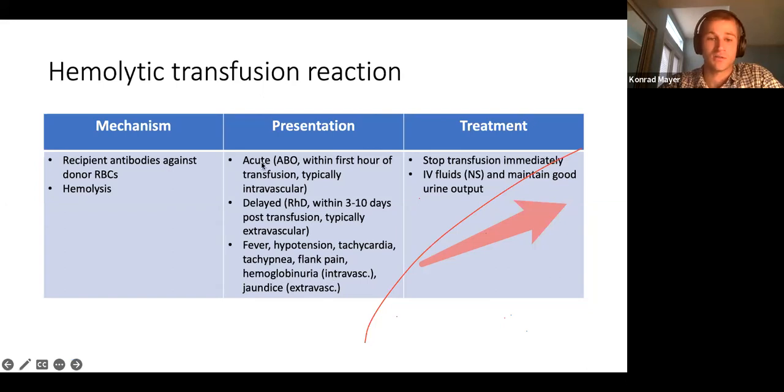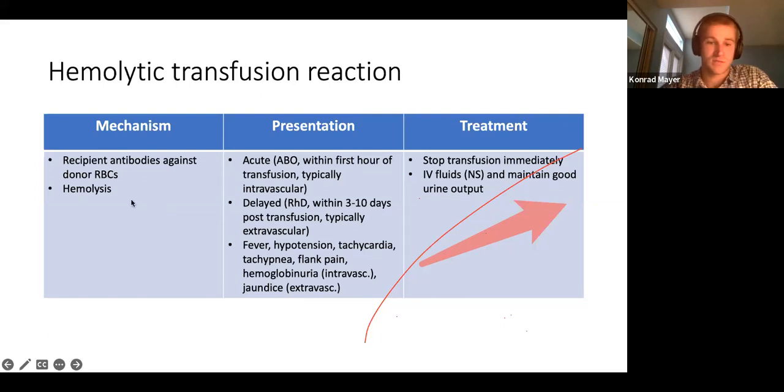Hemoglobinuria, which will happen in the acute hemolytic transfusion reaction because of intravascular hemolysis. And the delayed Rhesus D caused hemolytic transfusion reaction will result in jaundice because of the extravascular nature of this hemolysis.